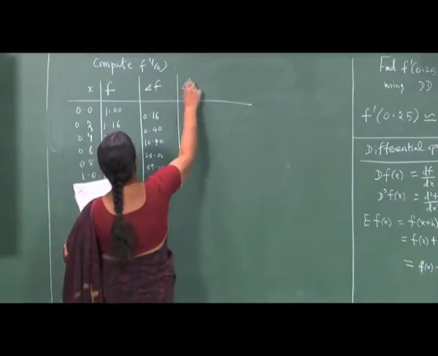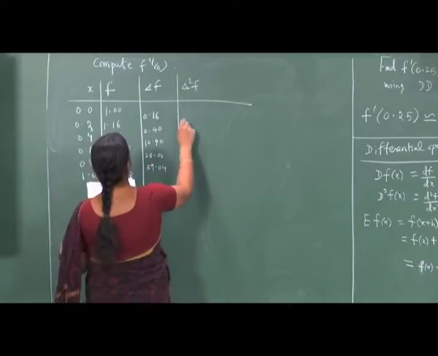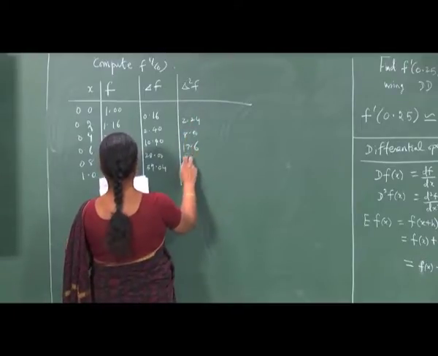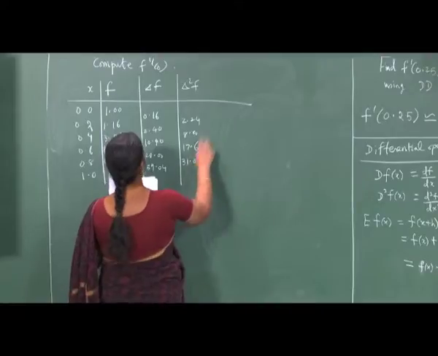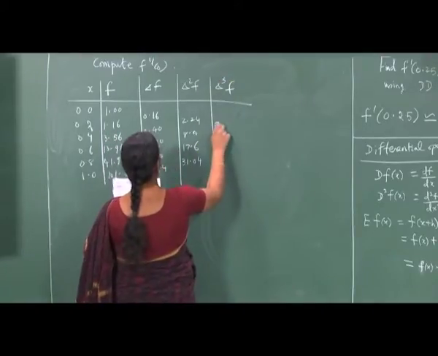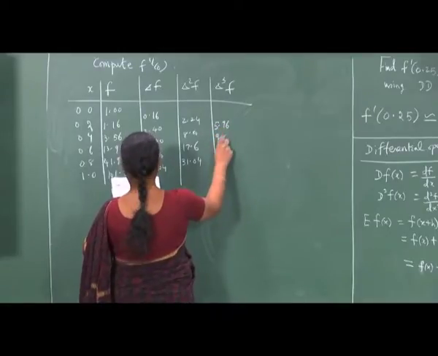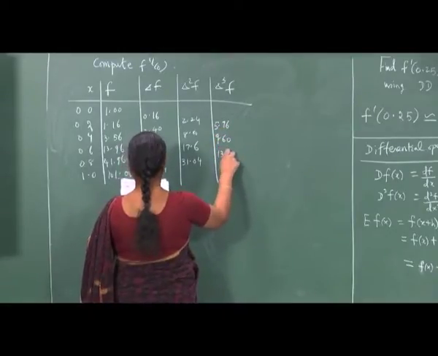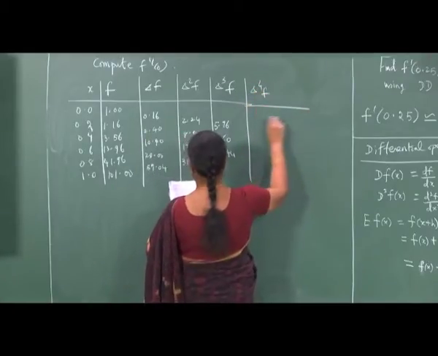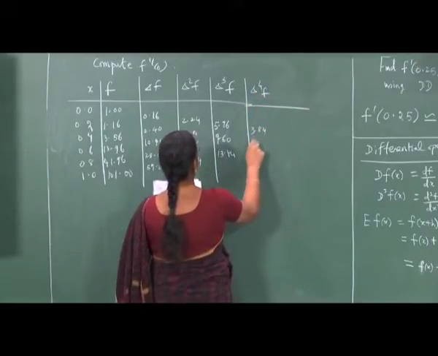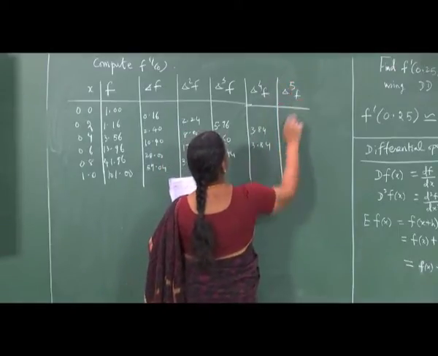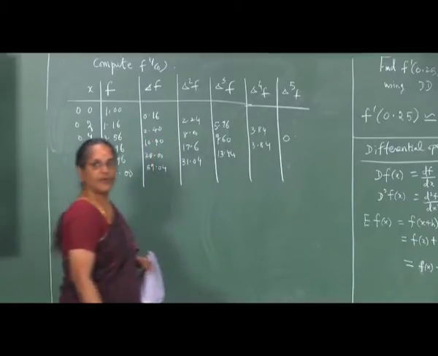Then the second order differences will be 2.24, 8, 17.6 and 31.04, and the third order differences are 5.76, 9.6, 13.44. The fourth order differences will be 3.84, 3.84 and the fifth order difference will be 0.